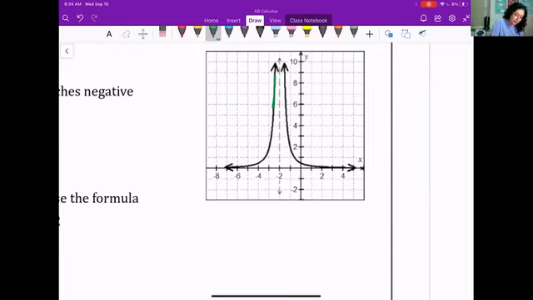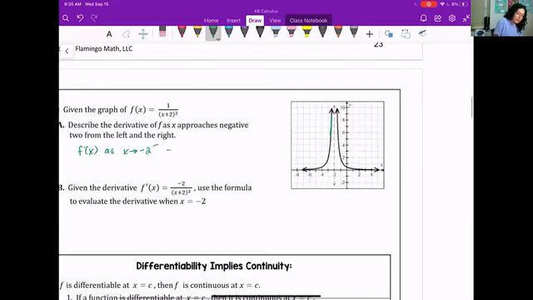Okay, it's kind of hard to find 2 points to find the slope of, but even though I can't find the exact slope, I know that my function is increasing, right? I'm going up, up, up. So I don't know the slope, but I'm going to say it's positive. Okay, as I approach negative 2, my slope is getting bigger and bigger. Okay, now my derivative as x approaches negative 2 from the right.